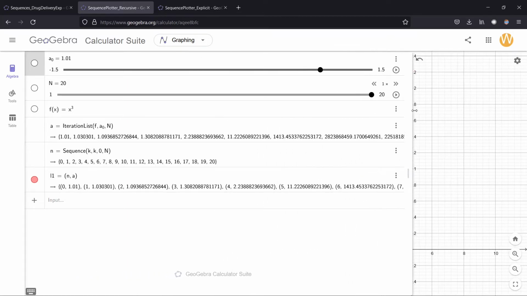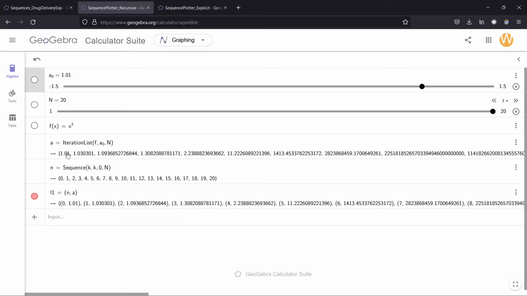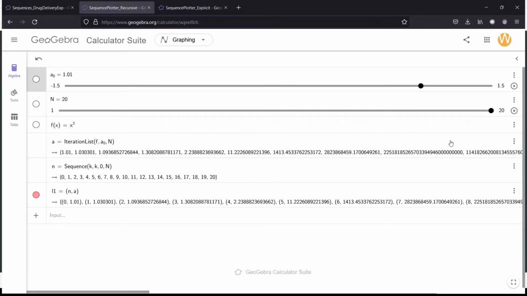And sure enough, this is the 0th term of the sequence, and 1, 2, 3, 4, 5, 6. Even the 6th term of the sequence is up to 1,000 already, from 1.01 to 1,000. So this is a very, very big jump in this sequence very quickly.